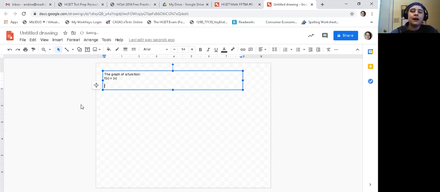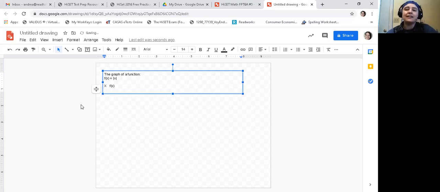So we can set up kind of a column to describe all the possible values of x, and then we're going to set up another column to describe all the possible values for f of x. Okay, so we know x could be a negative number, it could be a positive number, it could be 0. It's anything on that x-axis, that x line.